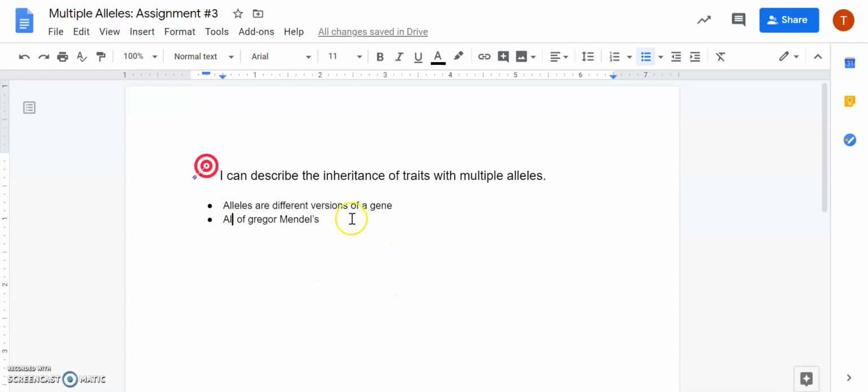That made it a lot easier for him. Okay, but there are traits that have multiple alleles.